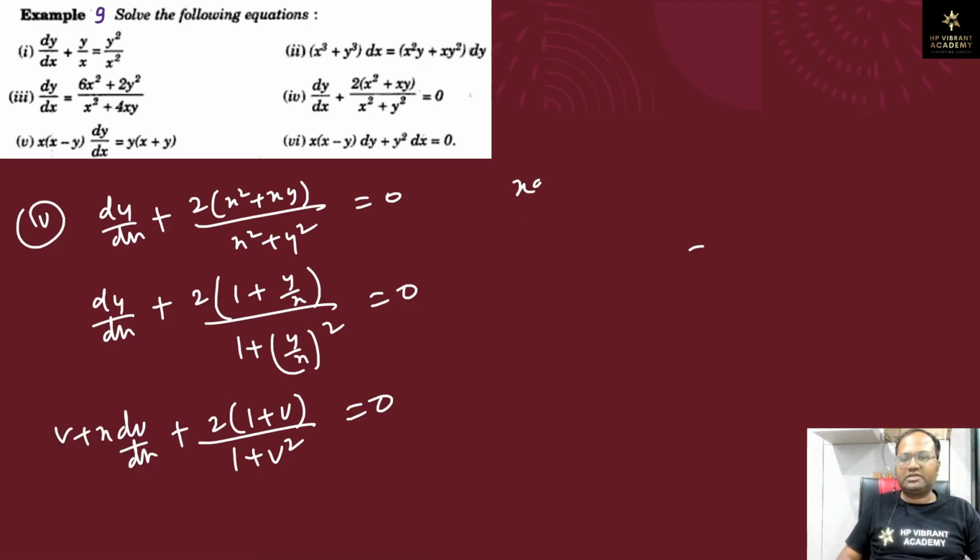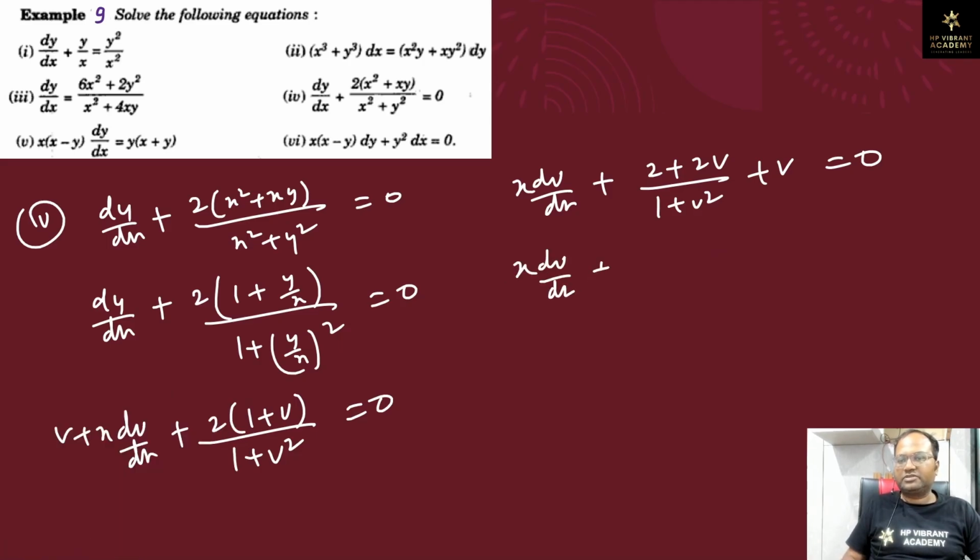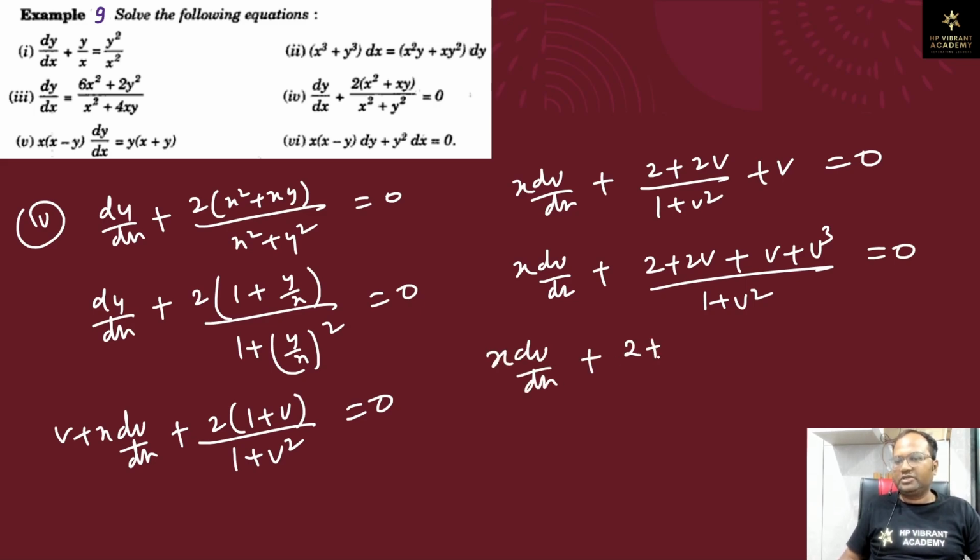So we have x dv upon dx plus (2 plus 2v) upon (1 plus v square) plus v is equal to 0. So from here we have x dv upon dx plus (2 plus 2v plus v cube) upon (1 plus v square) is equal to 0. So x dv upon dx plus (2 plus 3v plus v cube) upon (1 plus v square) is equal to 0.